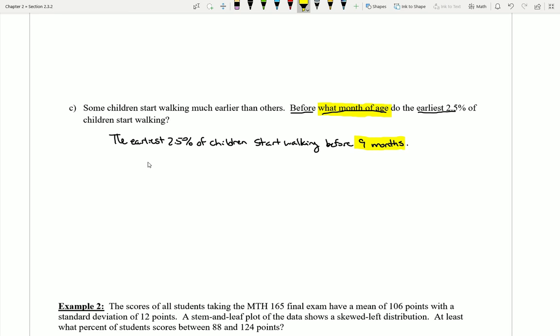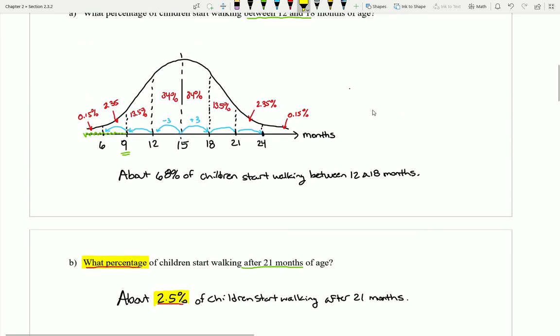Notice I could ask a different question like, after, not before, after what month of age do the latest, say, 16% of kids start walking? Well, again, that's easy to see. If I'm looking for the latest number of months, I could start this way in the picture and work backwards until I got to a total of 16%, and then I could see what number of months I stop at.